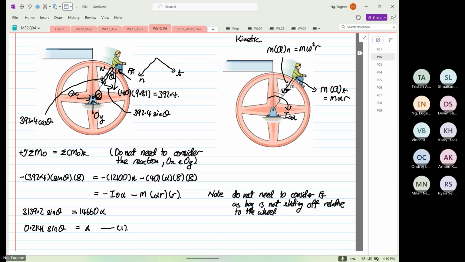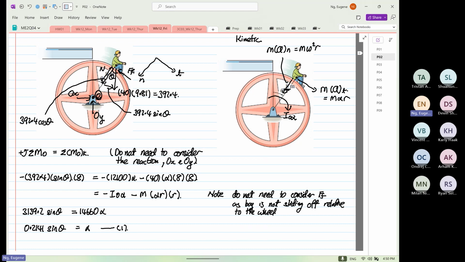So there's nothing to consider for the wheel anymore. The trick of this question is that they want to disorient you. What are we going to focus on? The wheel or the boy? The boy, not the wheel.